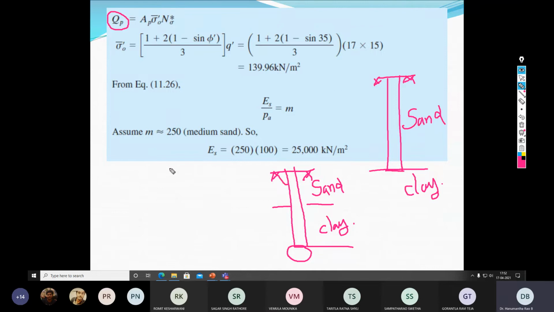For example, let me take another intricate case. Say, for example, this is the pile. The layer right beneath is, say, sand, and at a very shallow depth there exists a clay. Let's say this is hardly 1 meter. Now, how to deal with this case?